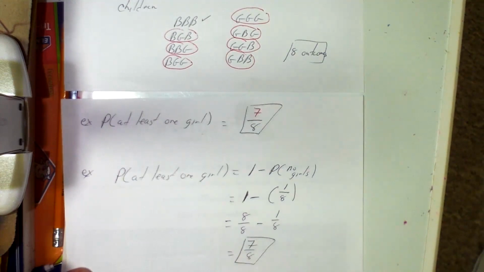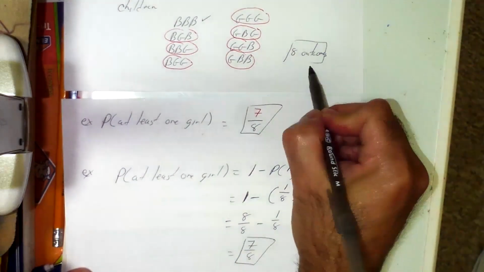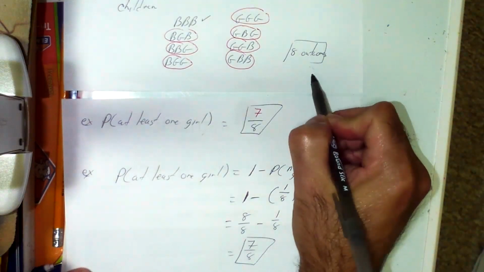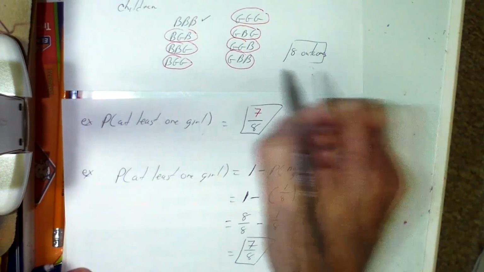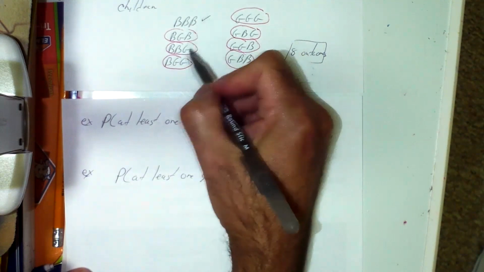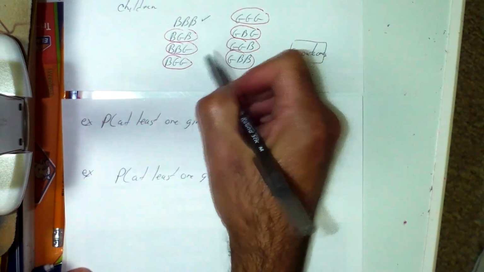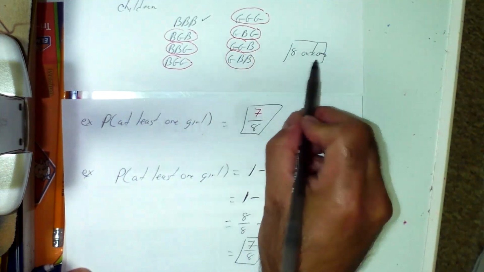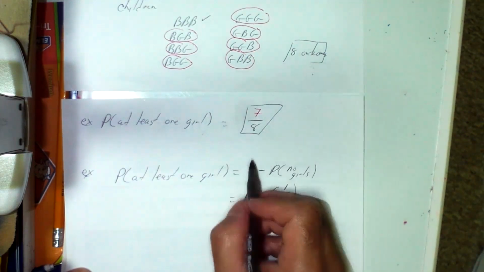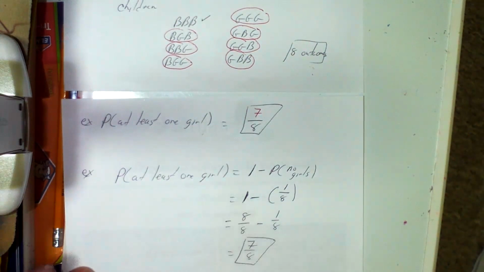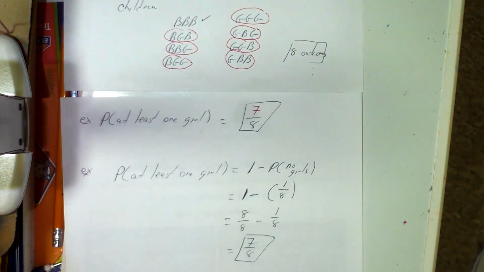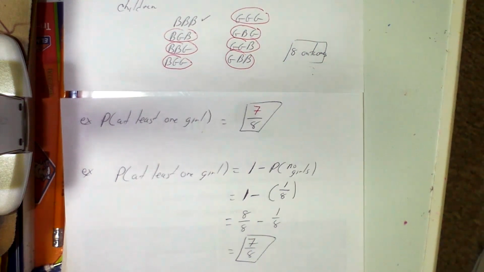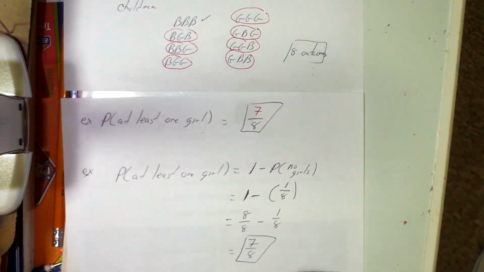The thing with the formula is that you need to find the total number of outcomes. That's the secret. You don't need to write out all the different possibilities. It's going to take a long time to do it. But if you calculate the total, we can figure out using this formula easily the probability of at least one. All right, so let's do another example. We'll make it a little bit more of a challenge.